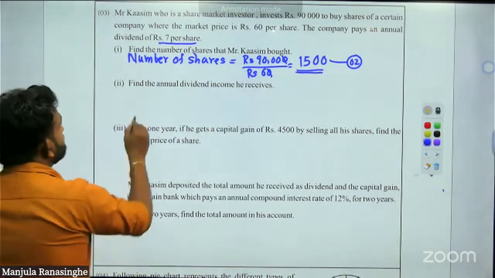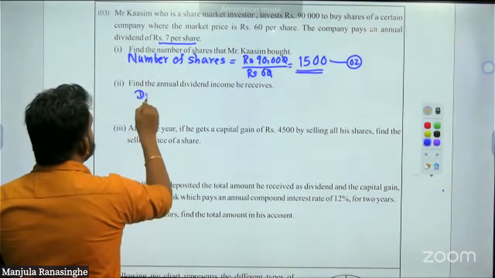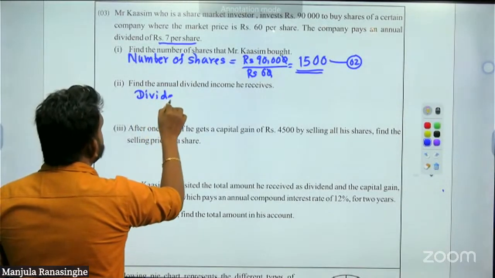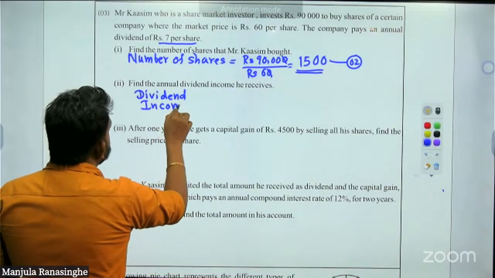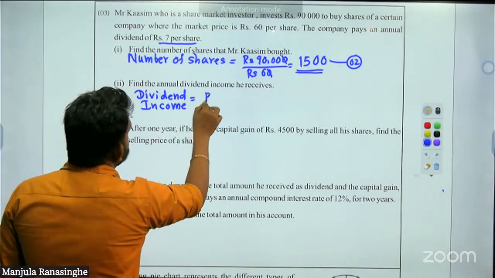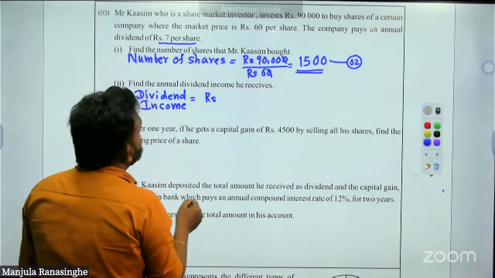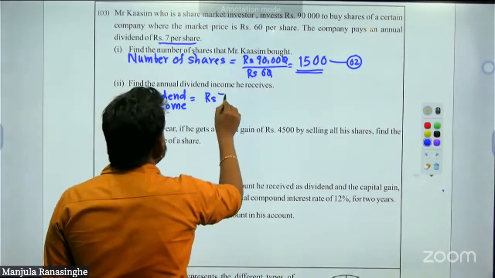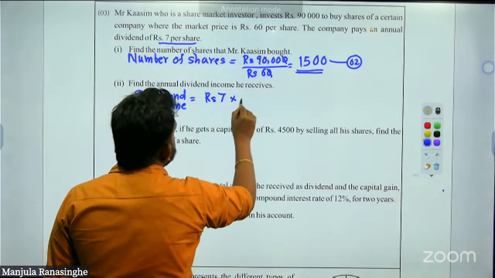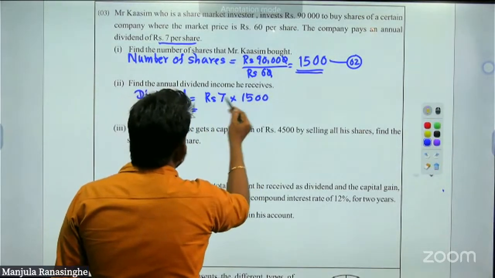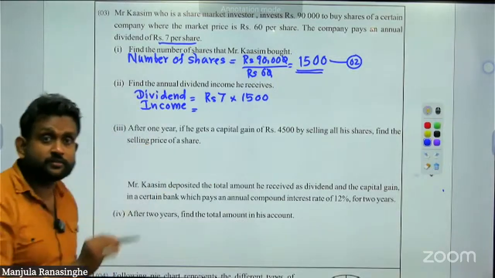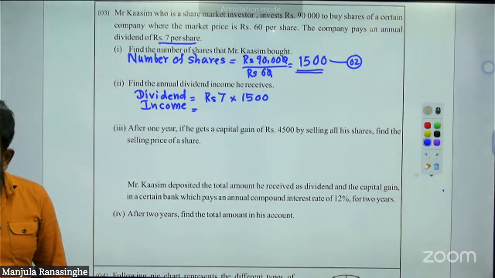So then you can see the total annual dividend income equals the price offered per share, rupees 7, into the number of shares, 1,500. Per one share, 7 rupees. So 7 into 1,500 multiply.